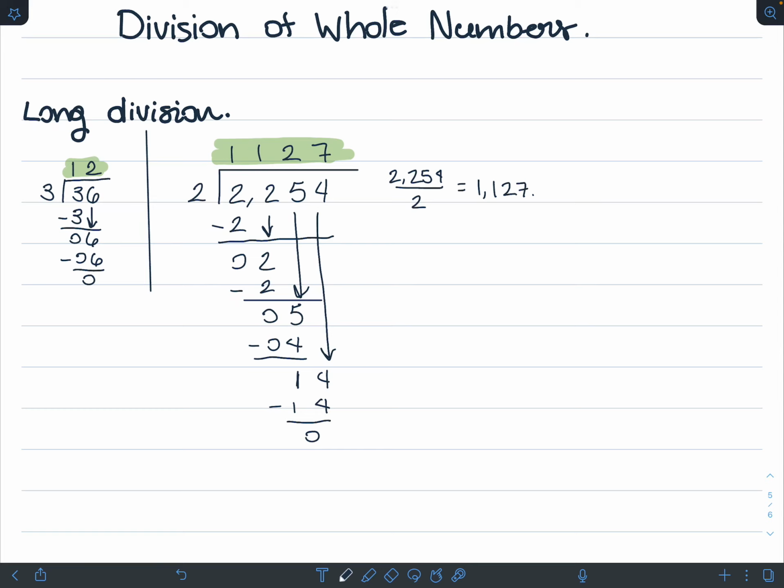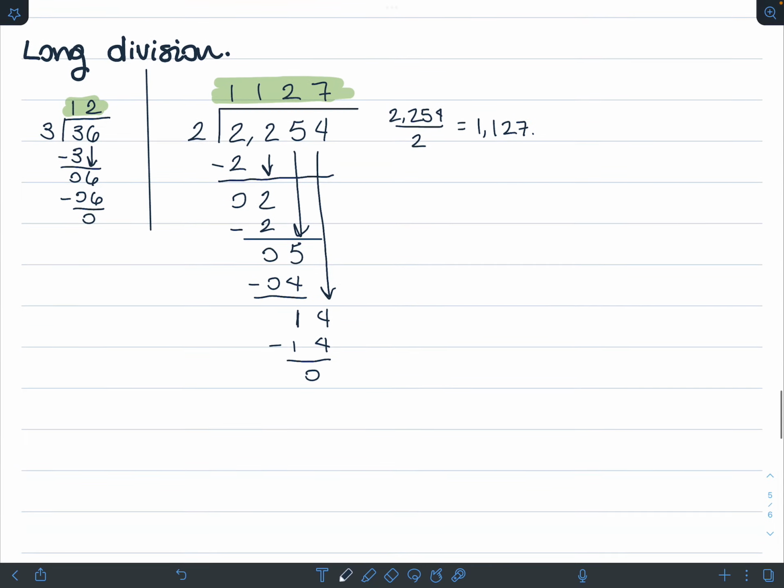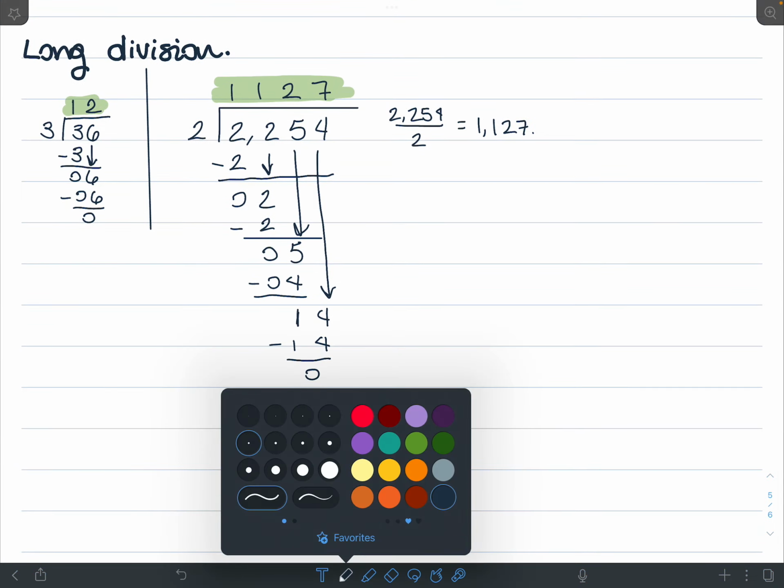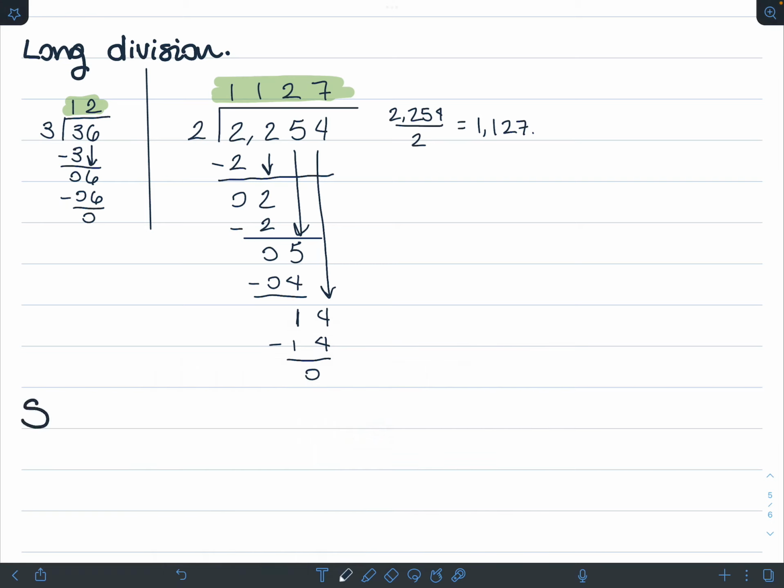And that, to me, is a lot of work. And I think there is another method that will definitely save us time, which is called short division.